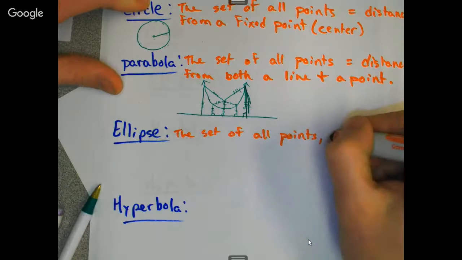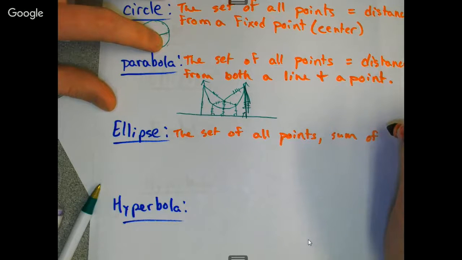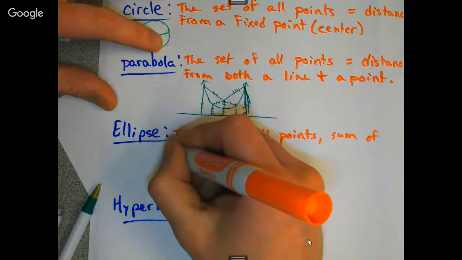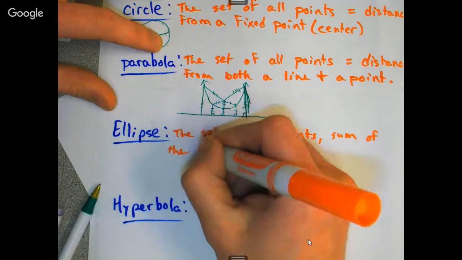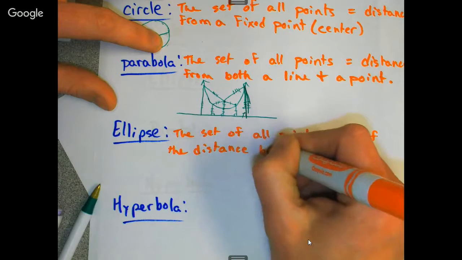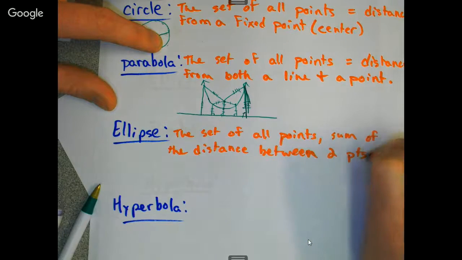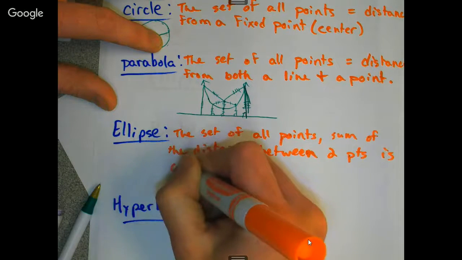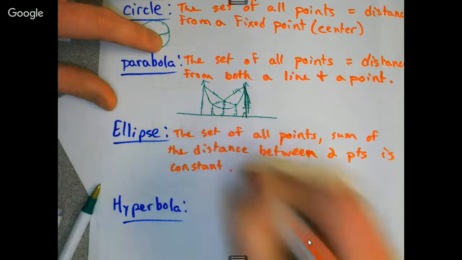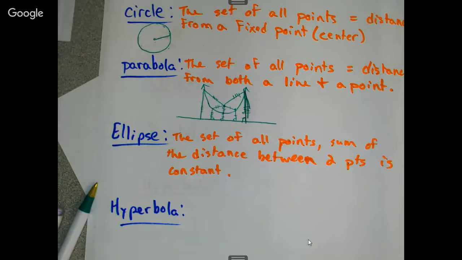The set of all points whose sum of the distances to two points is constant.